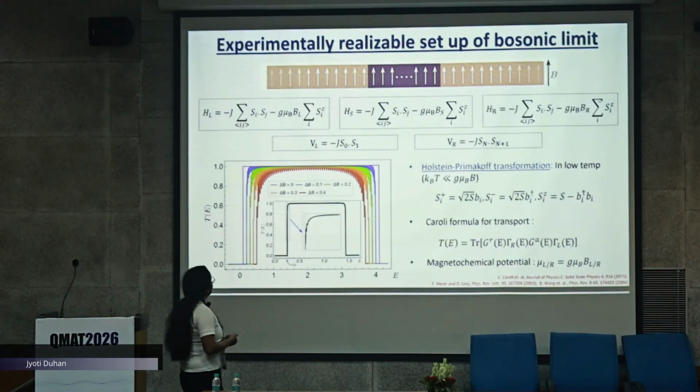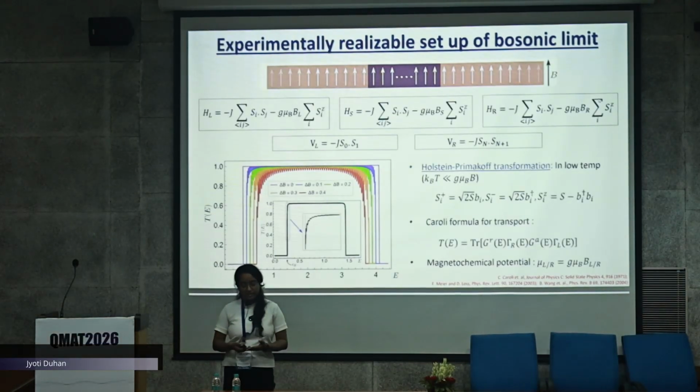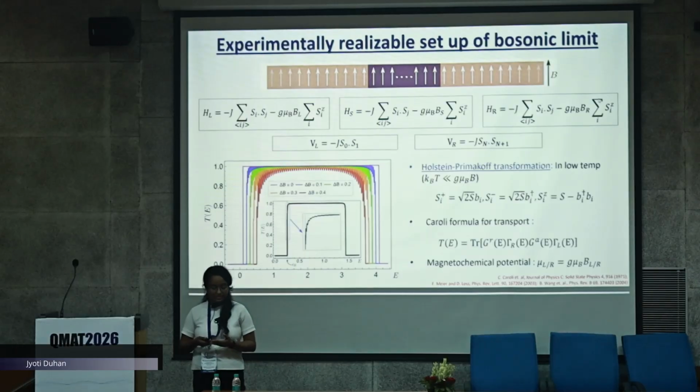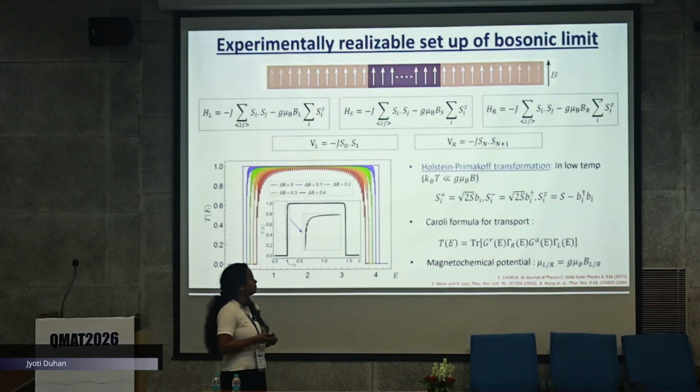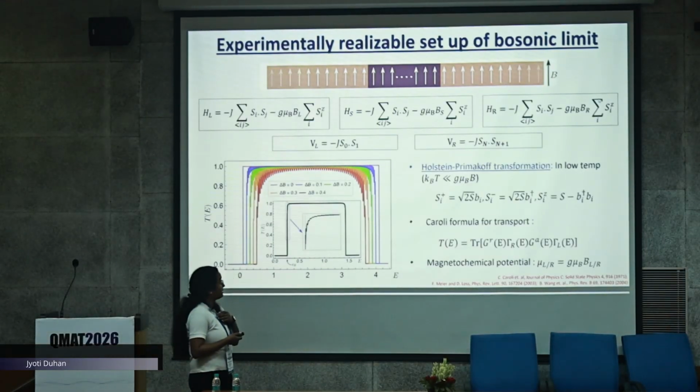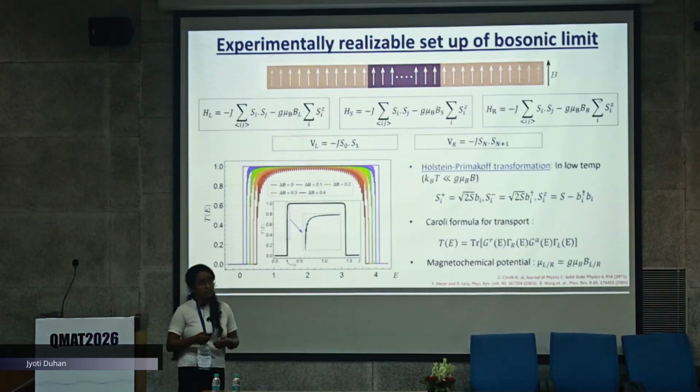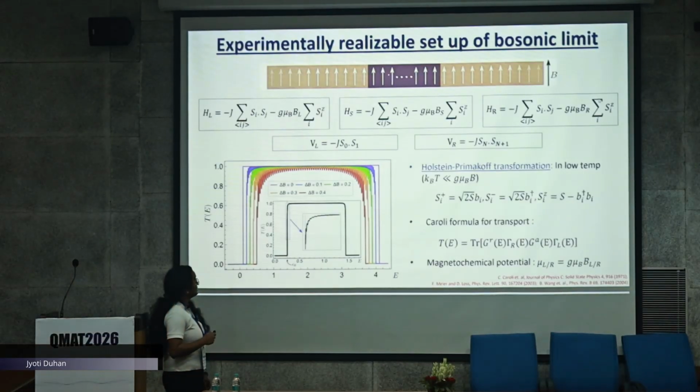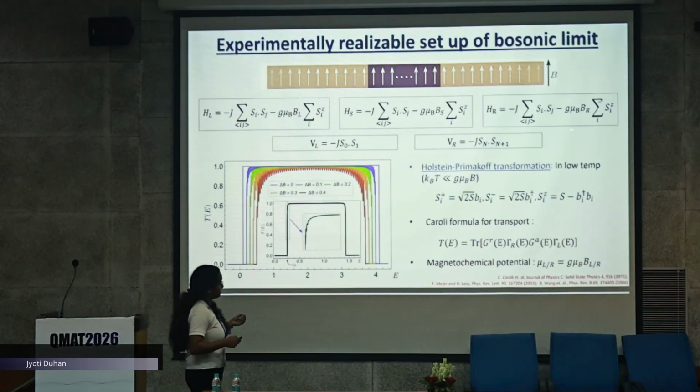Now we give you an experimentally realizable setup of this heat engine, where we want to implement the bosonic carriers. For that we take a one-dimensional ferromagnetic spin chain. This is a central region, and the two sides are the two semi-infinite leads of the ferromagnetic spin chain, and this is the Hamiltonian.